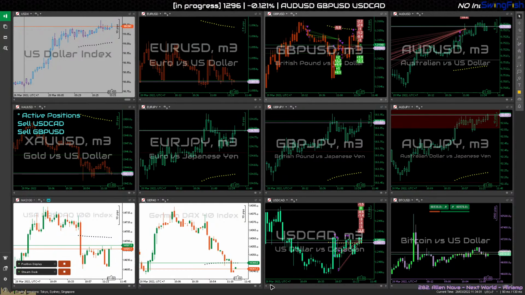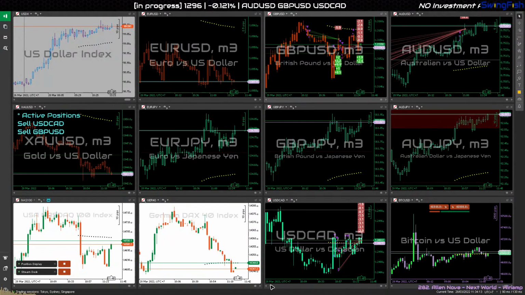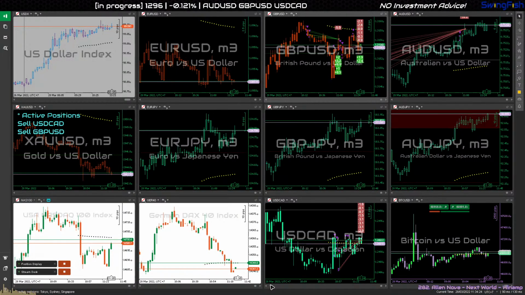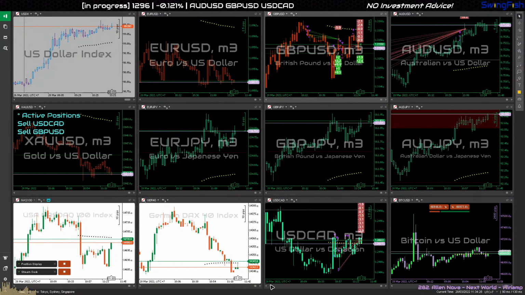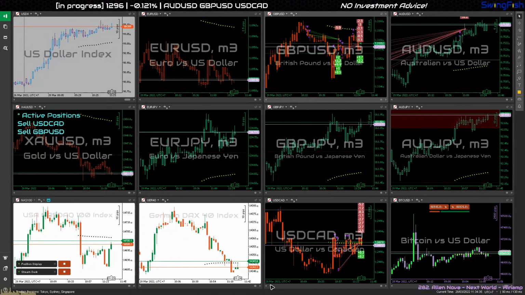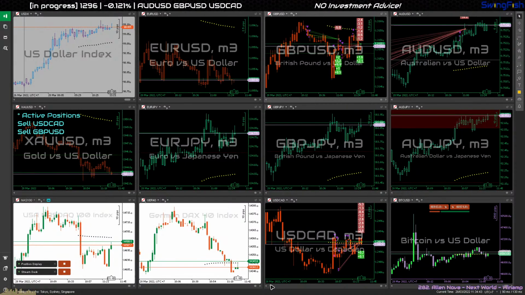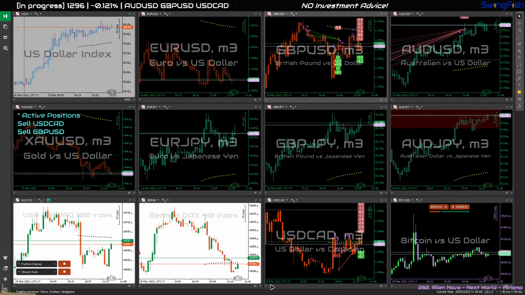Tough, let's go long dollar CAD, see what happens. Still pretty much undecided. Just looking at Aussie dollar, for example, shot up, dollar CAD sort of hasn't really gone anywhere.